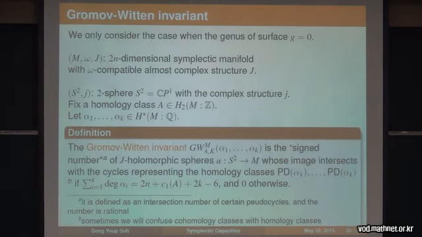And if the degrees do not match, then of course you miss everything, so you need nice degree matching. That is the condition. Basically, the Gromov-Witten invariant is a signed number of J-holomorphic spheres whose image intersects the cycles representing the homology classes, and otherwise it's zero.